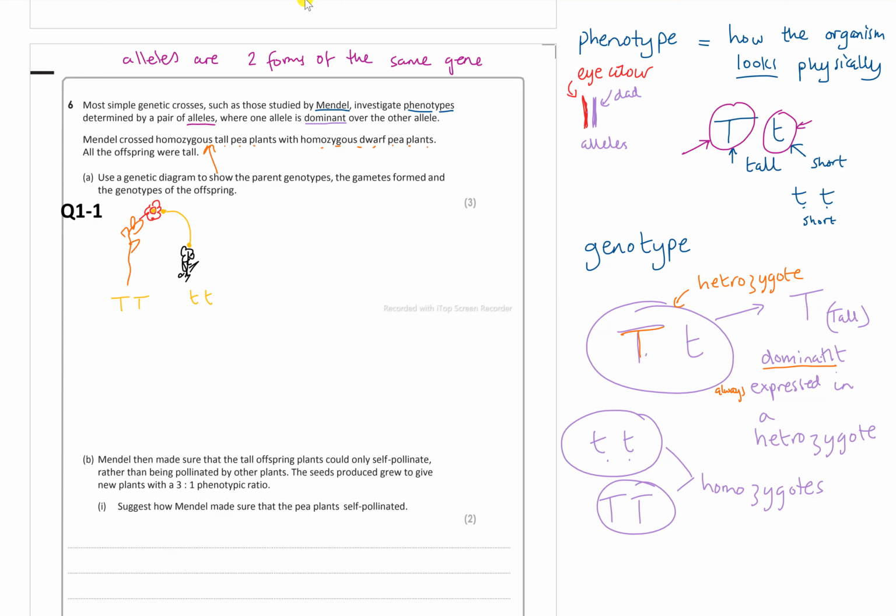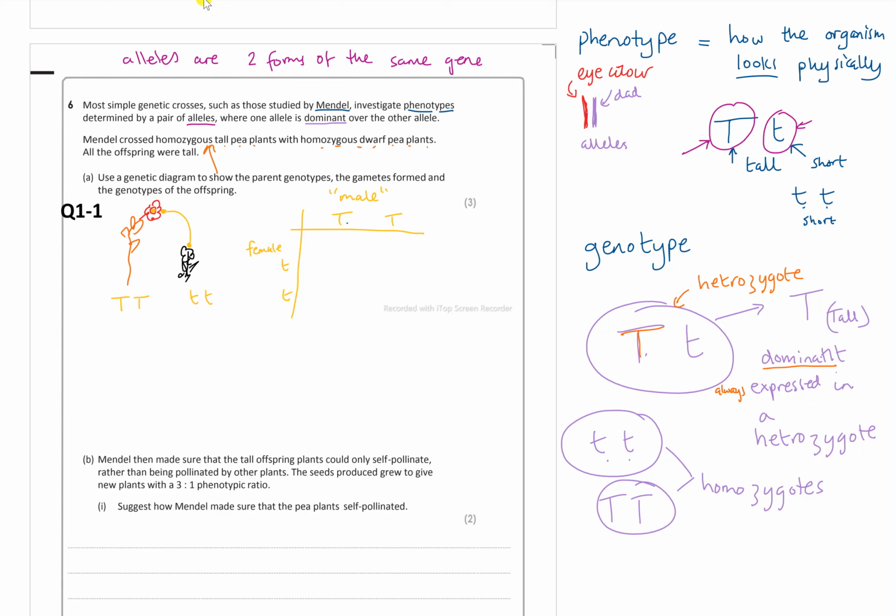So we're going to do big T for tall, small t for dwarf, not short, dwarf. Right. So let's do this. We'll say this has come from the male, big T, and this has come from the female, small t, small t.